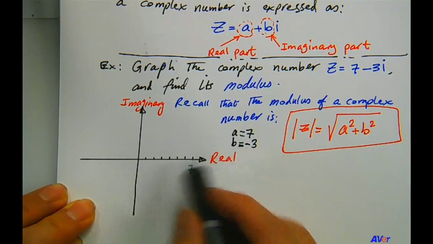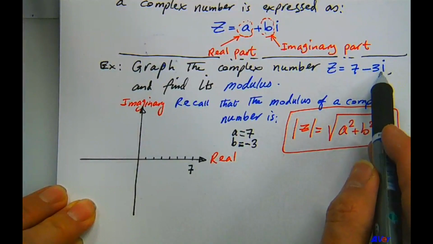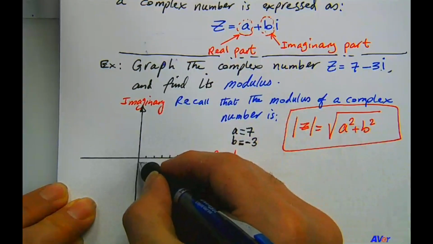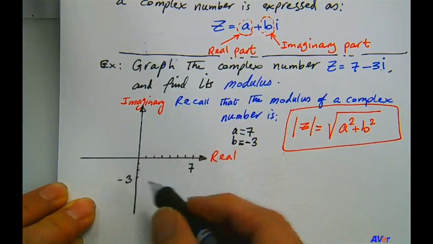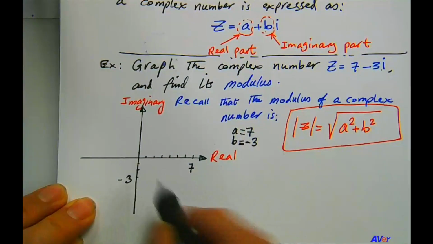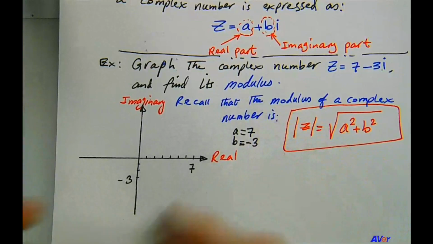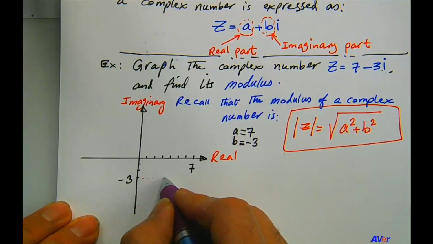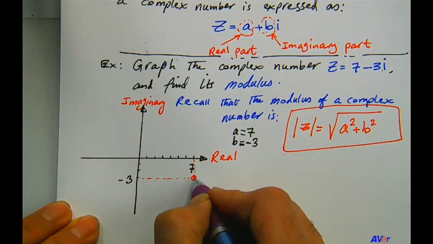And minus 3 would be along the imaginary axis, because that is associated with the i. So 1, 2, 3, that's negative 3 along the imaginary axis. So the point we're looking for is here, roughly in this spot.